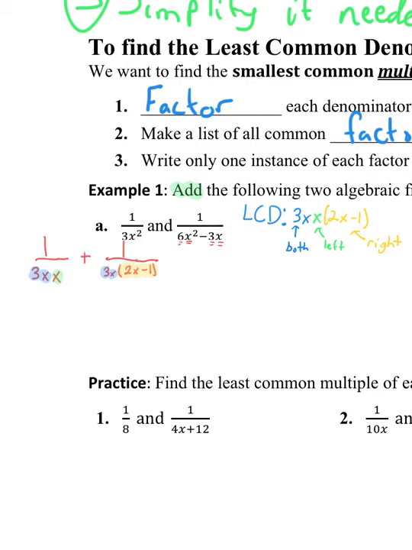And I'm doing that in different colors because the next step is we're going to write our expression 1 over 3xx. And we're going to have to multiply that left side by the value that was on the right side only, which was 2x minus 1 over 2x minus 1.